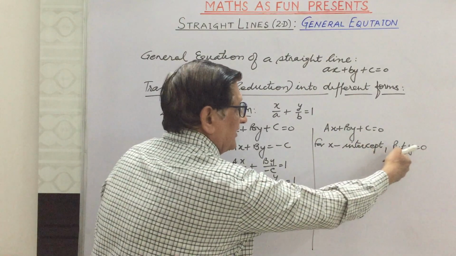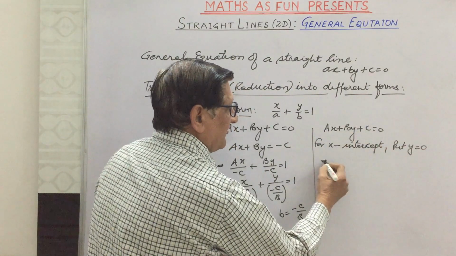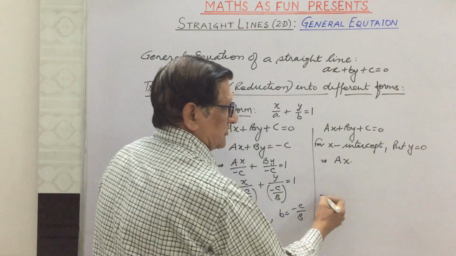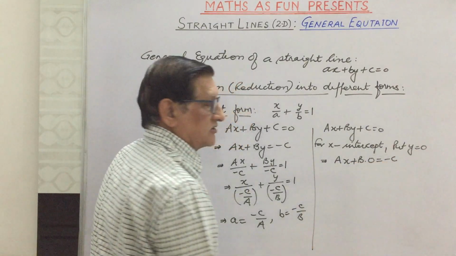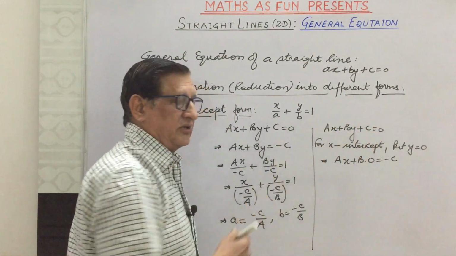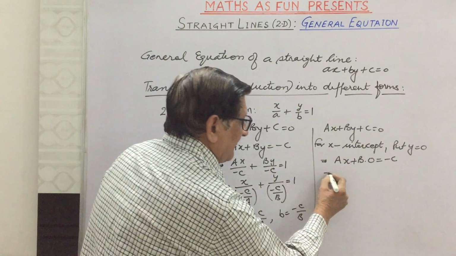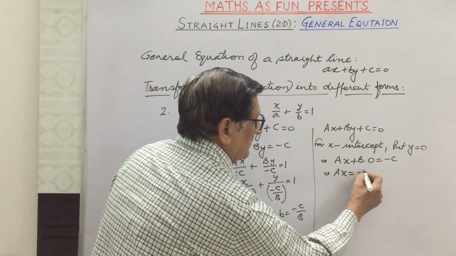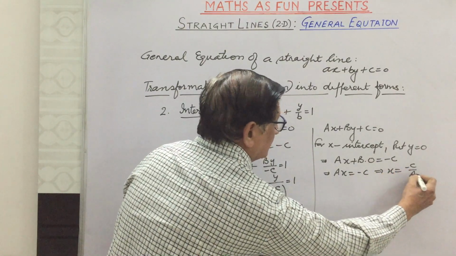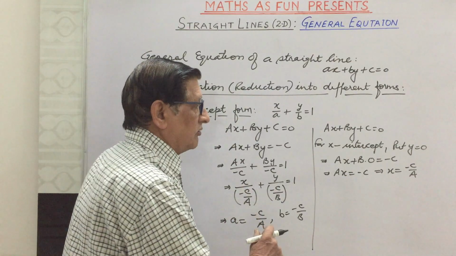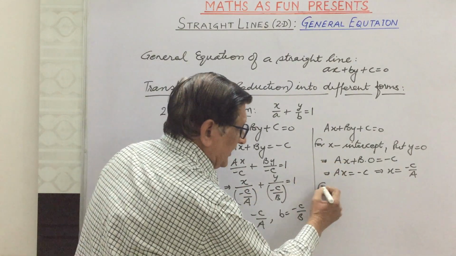If we substitute y is equal to 0 in this, what we get? We are getting Ax plus B into 0 equal to minus C, transposing C onto the right. We are getting here Ax is equal to minus C, or we can say x is equal to minus C upon A.